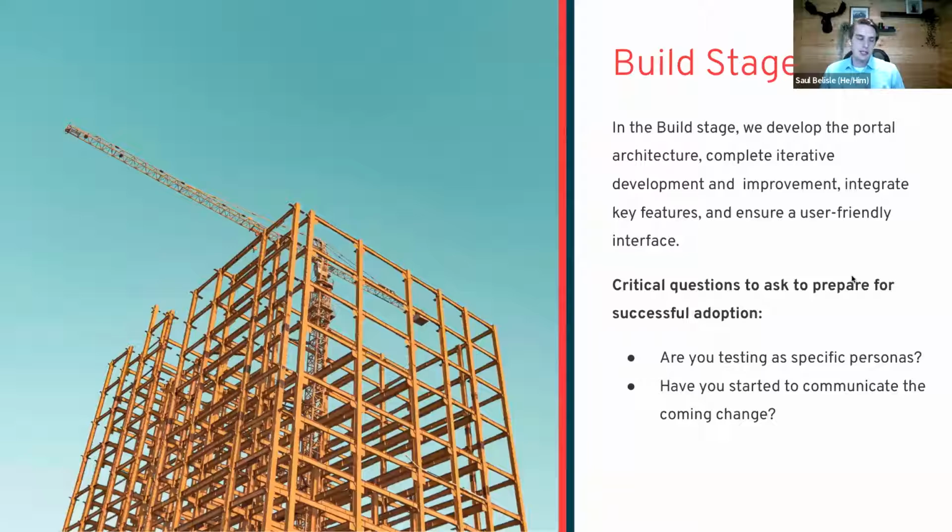And when it's so busy, it's easy for me to log in as myself, as Saul, the project manager, and test from my perspective. But you have to log in and go through the user journey from each different persona to really get a holistic sense of feedback and testing quality. So don't forget to set aside time and effort to log in and test as individual personas from their different perspectives.